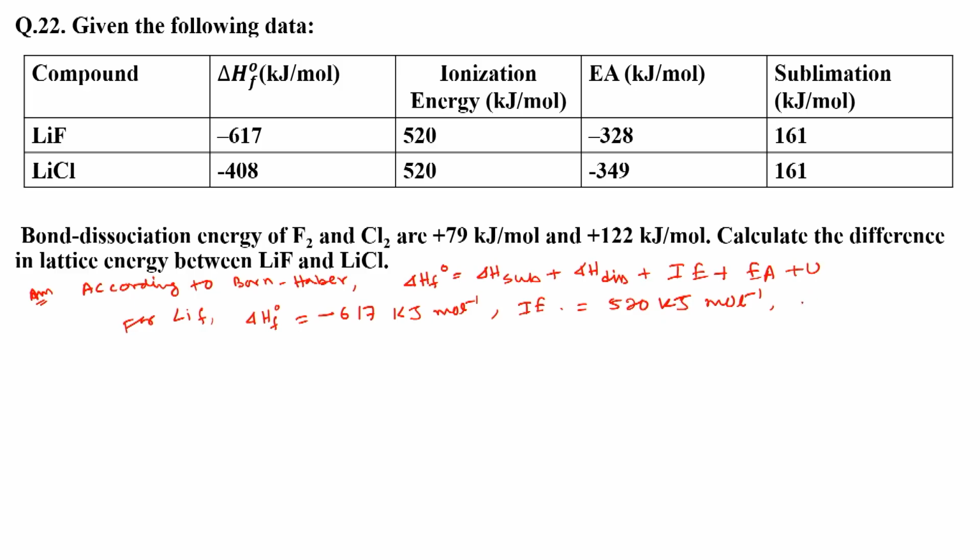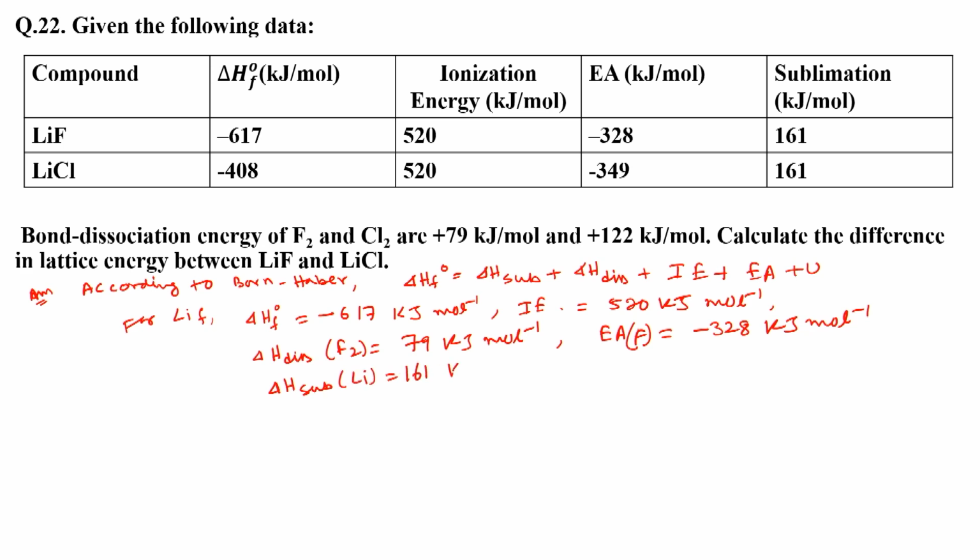and then value of delta H dissociation of F2 is 79 kilojoule mole inverse, EA of fluorine is minus 328 kilojoule per mole, delta H sublimation for Li is 161 kilojoule per mole.